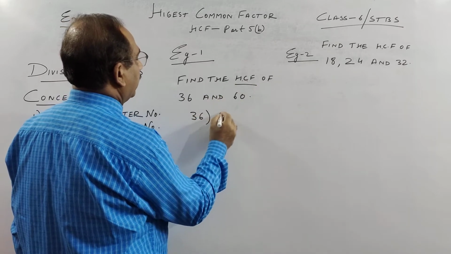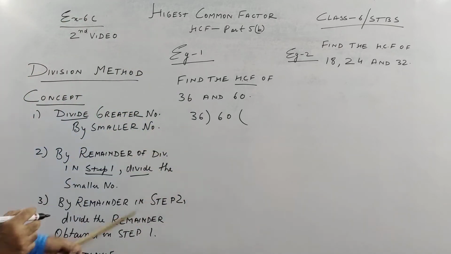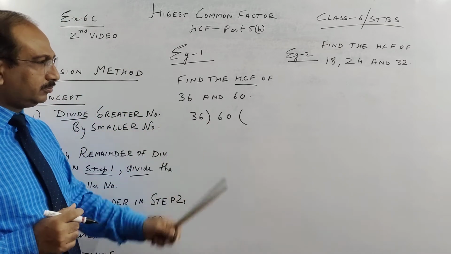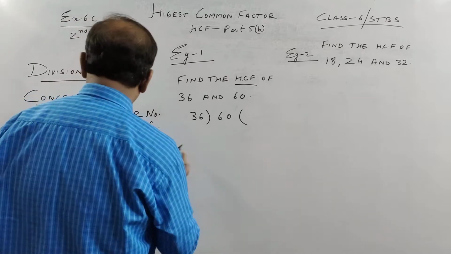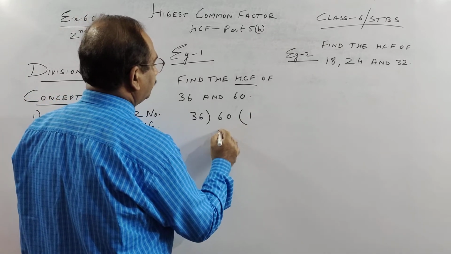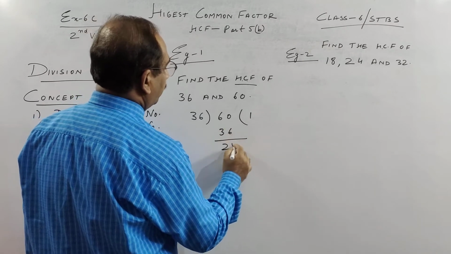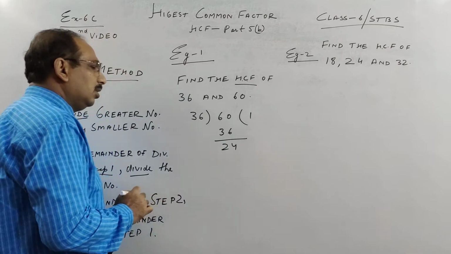Divide the greater number by the smaller number. The smaller number is 36, the greater number is 60. First step, one time it will go, 36, and you will get 24 as the remainder.